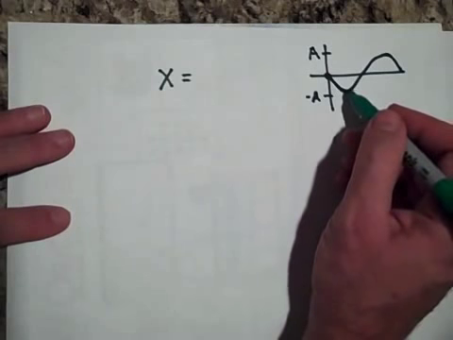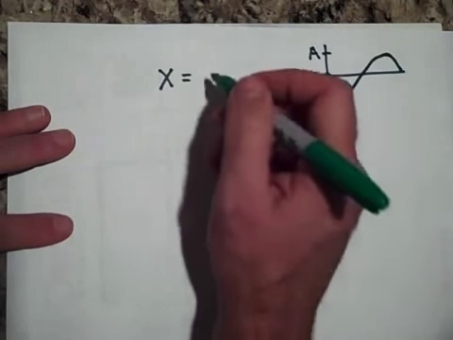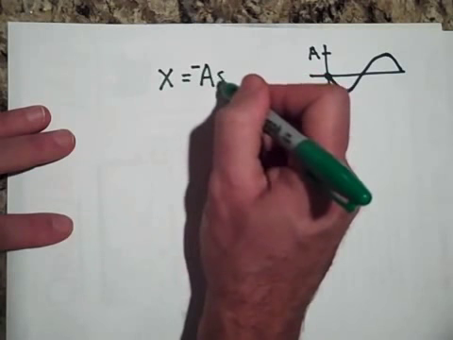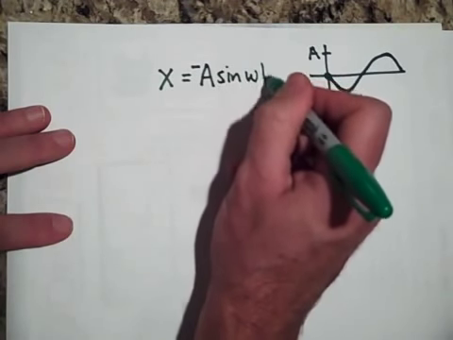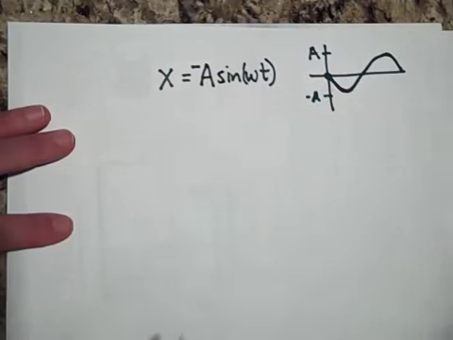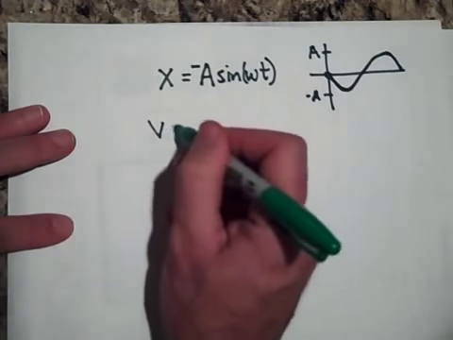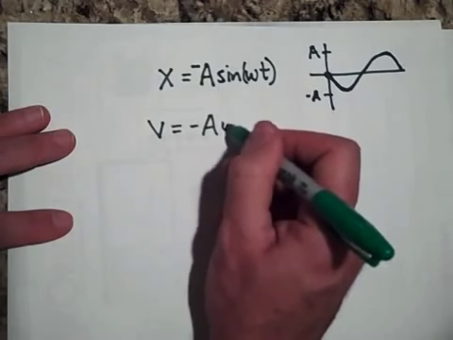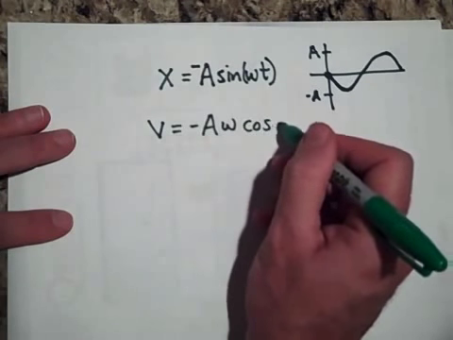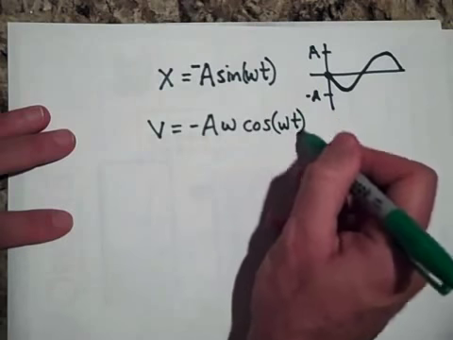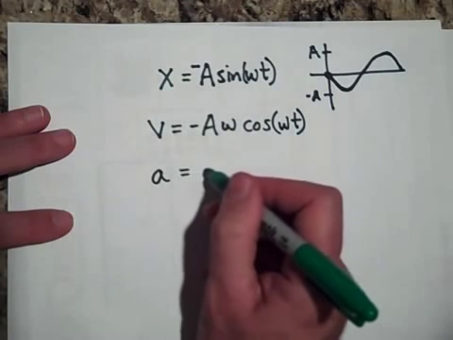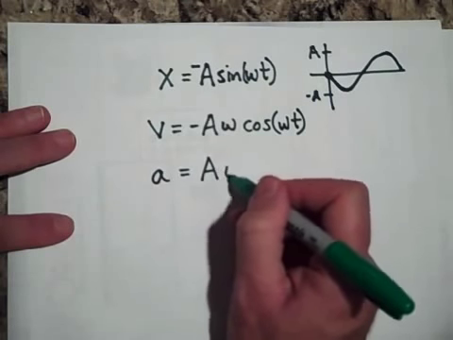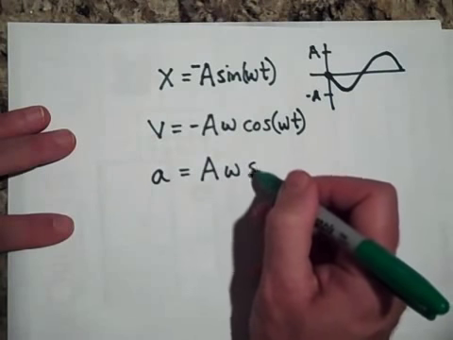This is a negative sine function, so it would be x equals negative A sine omega t. Which means the velocity would be negative A omega cosine omega t, and the acceleration, taking the derivative of that, would be A omega squared sine omega t.